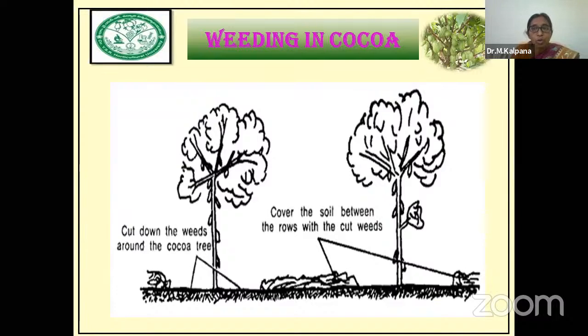Because there is more litter fall through leaf fall and also through the pruning operation. So once the crop is established after 3 years, there is no need for weed growth control. We only have to do minimal weeding in cocoa.